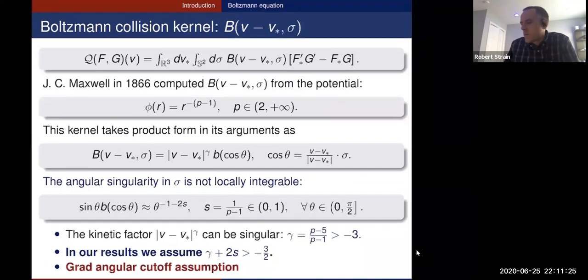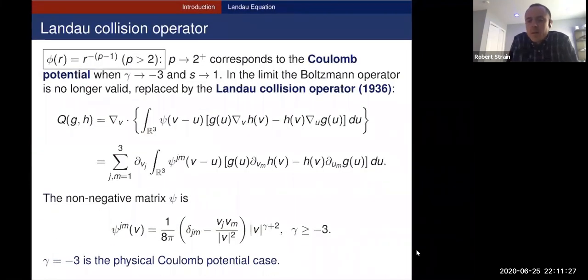Okay, so that is the Boltzmann collision operator. And to emphasize this point, I'll also introduce to you the Landau collision operator. So Landau in 1936, a while later, as far as I know, only wrote one paper on this equation, and this is the one.